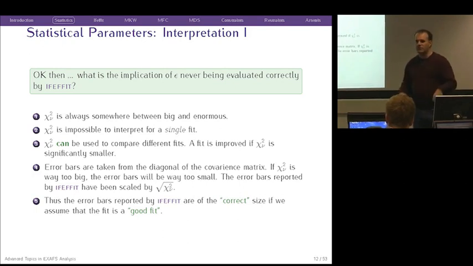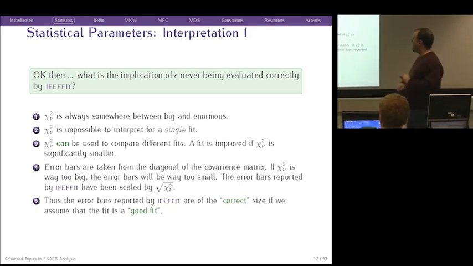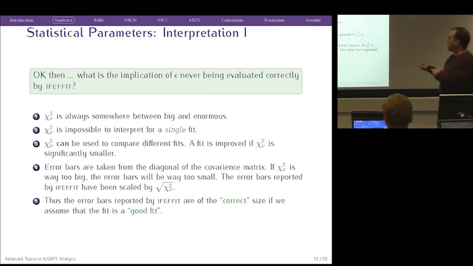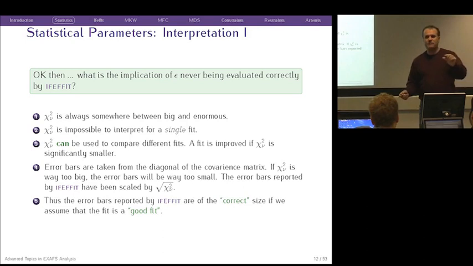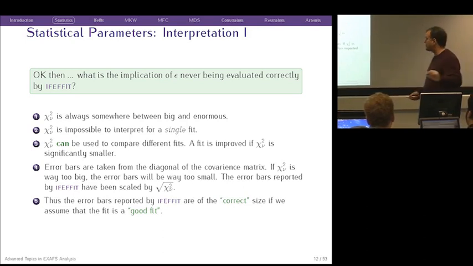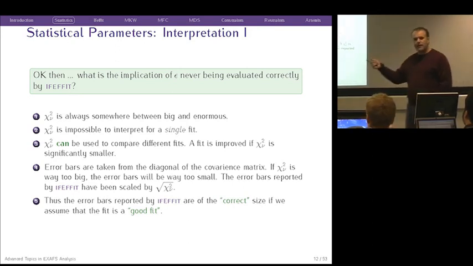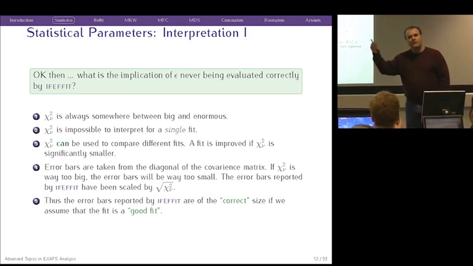Okay, blah, blah, blah. If reduced chi-squared is way too big because epsilon has been determined to be a number that is way too small, the consequence of that is that the diagonal elements of this matrix will also be much too small.